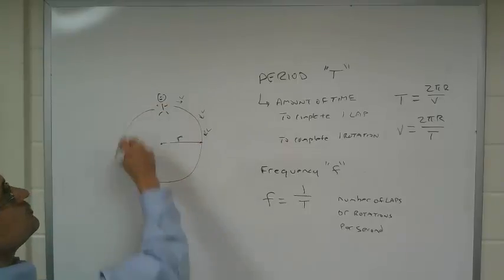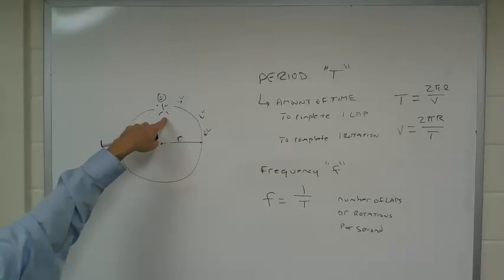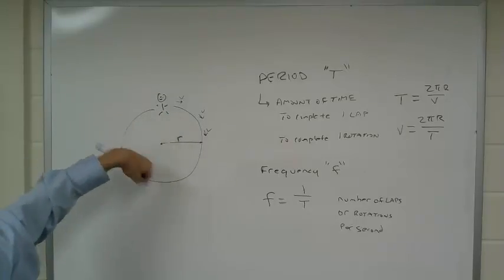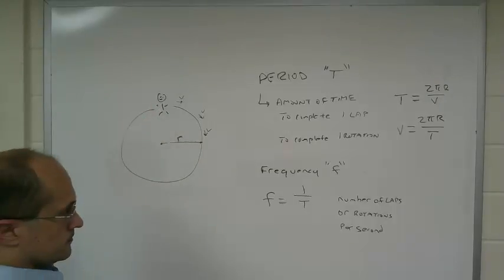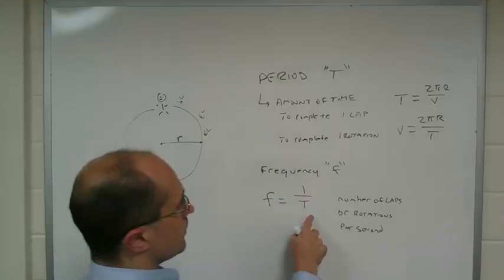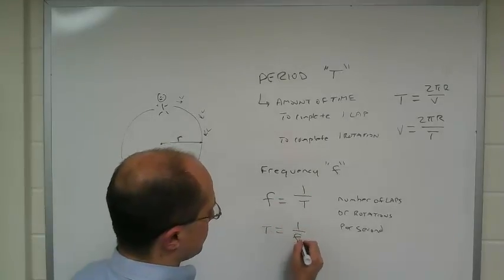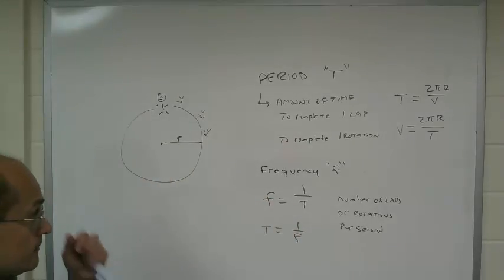If you cover 2 laps every second, your frequency is 2. It's how many times per second we cross our starting point. If our runner goes 3 laps every second, our frequency is 3. So frequency is equal to 1 over period, and therefore the period is 1 over the frequency. These two are inversely related.